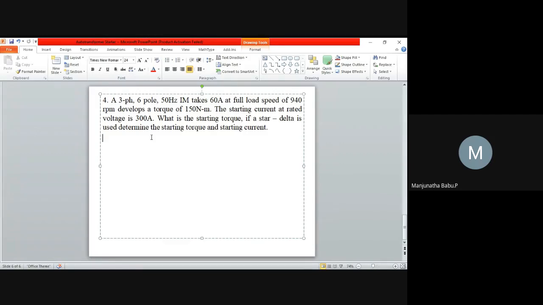If you are using star delta, then X square will be 1 by 3.